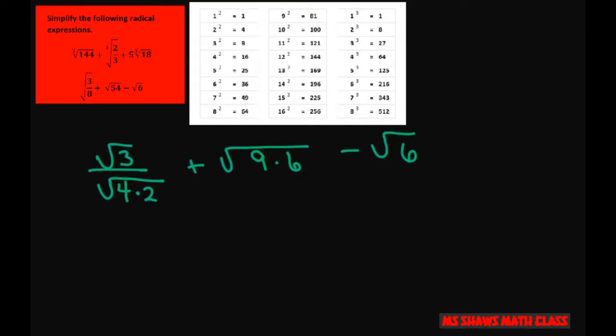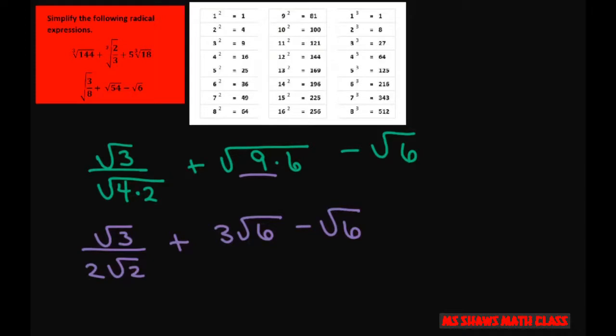So let's simplify further. We have square root of 3 over 2 square root of 2, plus square root of 9 is 3, and you have to leave the square root of 6 inside, minus square root of 6. Now the problem again is we can't have this radical in the denominator.